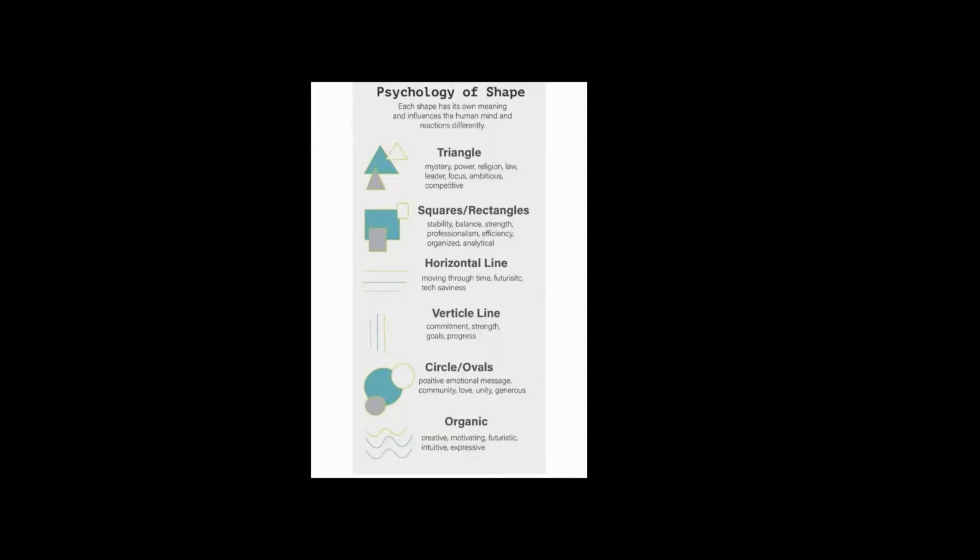The triangle has power, religion, law, leader, focus, ambition, these feelings, whereas the square has a very stable look and is very grounded. Then here we have lines too. The circle always evokes a very positive feeling.